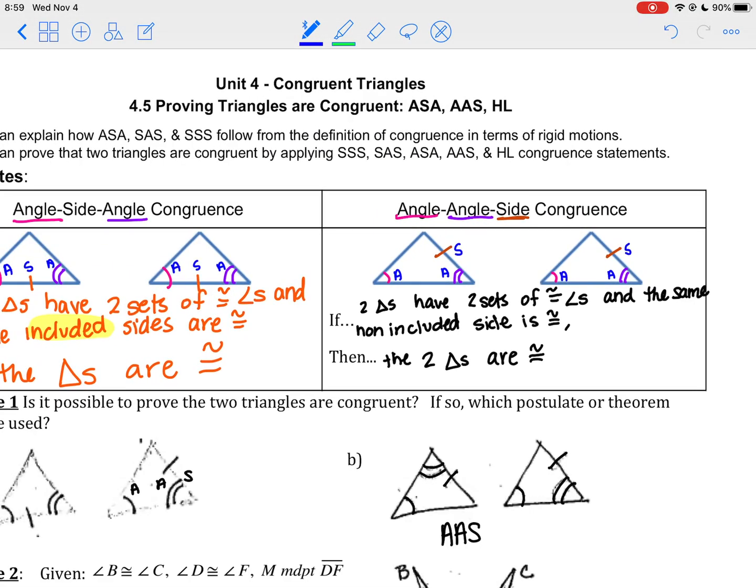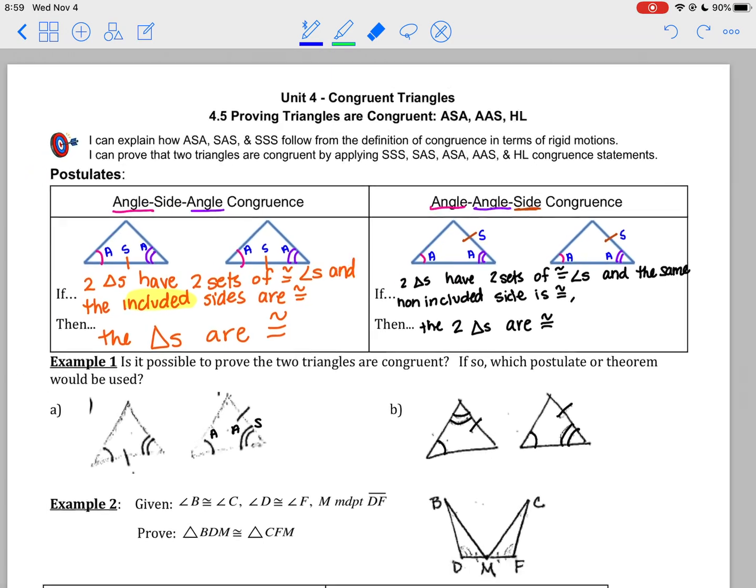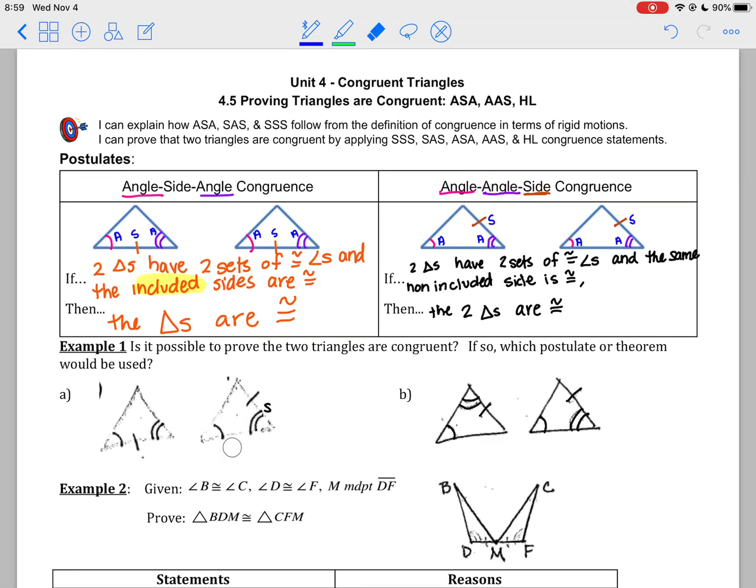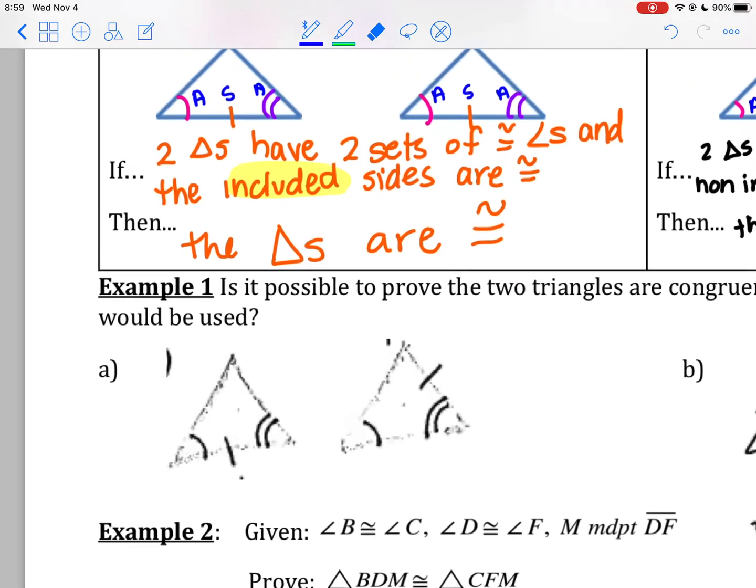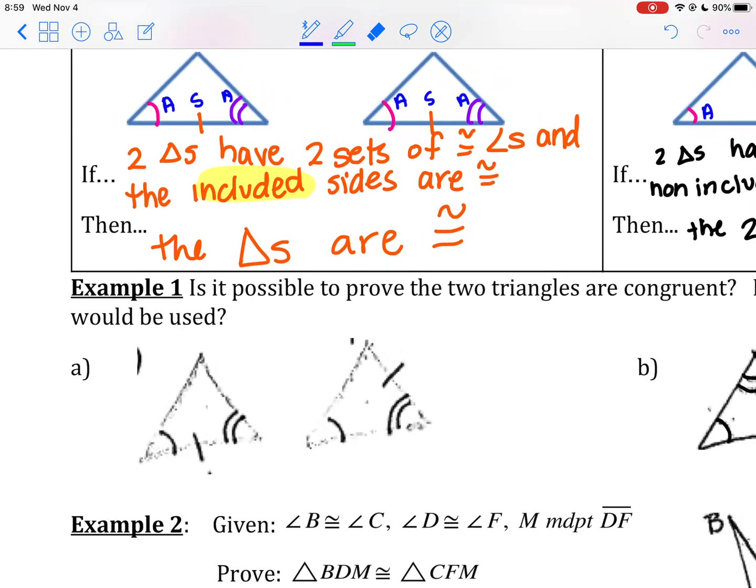So we still have our old theorems and postulates, our side, angle, side, and our side, side, side. So with those extras, we have 5 total triangle congruence theorems, and we're going to see if it's possible to prove that two triangles are congruent.